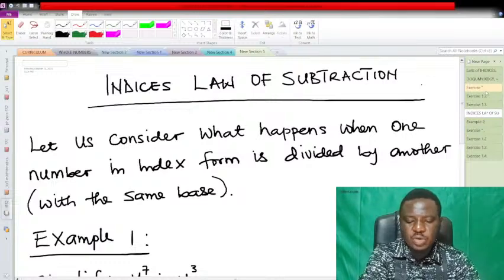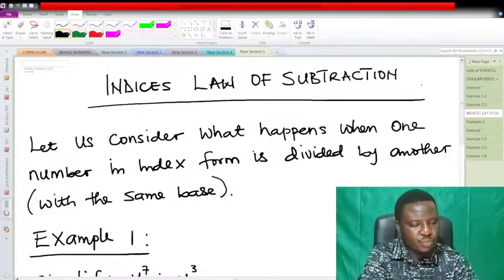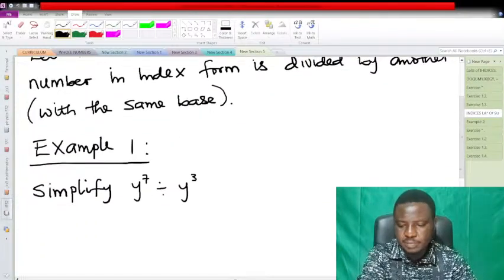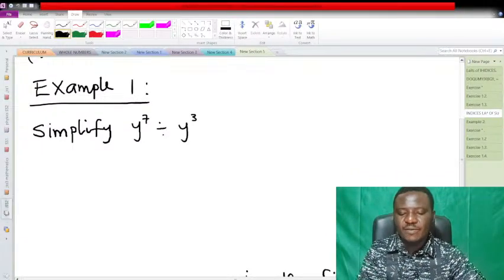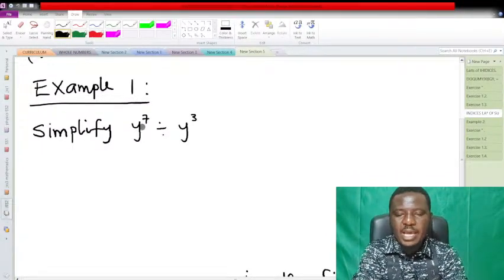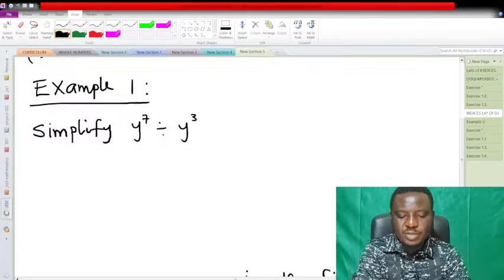Now, let us consider what happens when one number in index form is divided by another with the same base. Example 1. We are asked to simplify y raised to the power of 7 divided by y raised to the power of 3.